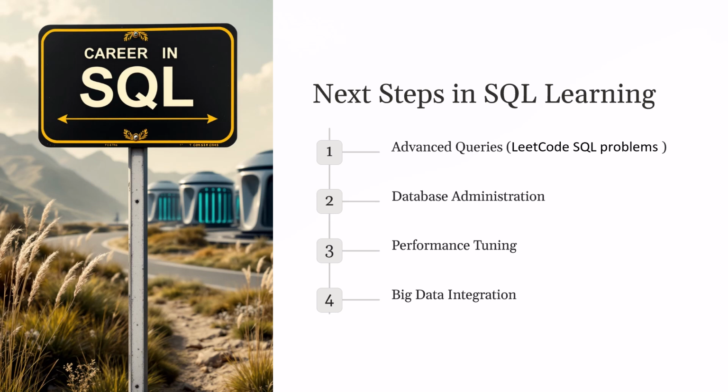Finally, big data integration. Explore SQL with modern platforms like Spark SQL, AWS Athena, or Google BigQuery. Even though those are slightly different, like at Microsoft we even have something called Kusto, where we use KQL.